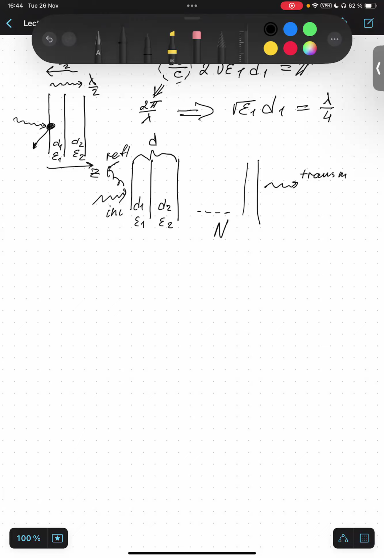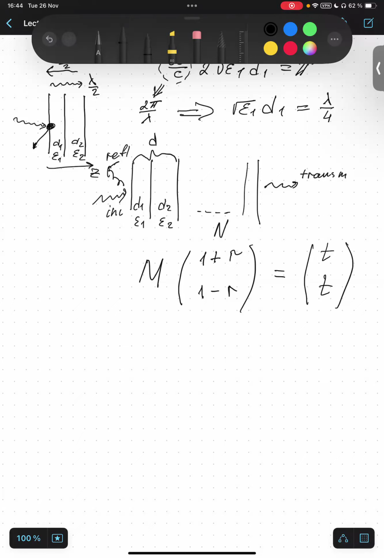So it's possible to write it like this: from the right side, we have some matrix that relates the fields from the left side, which are the incident plus reflected fields, and the incident field and the transmitted field on the right part.